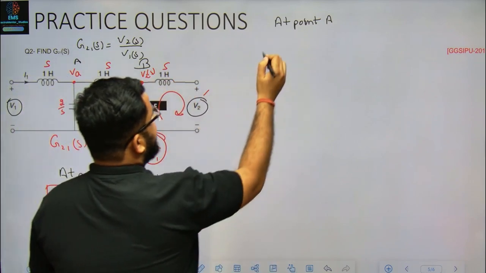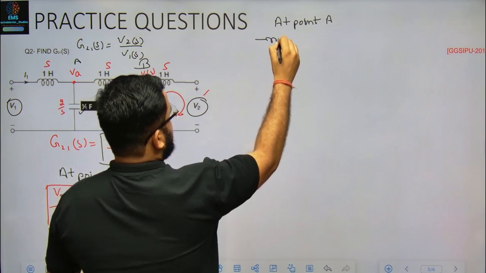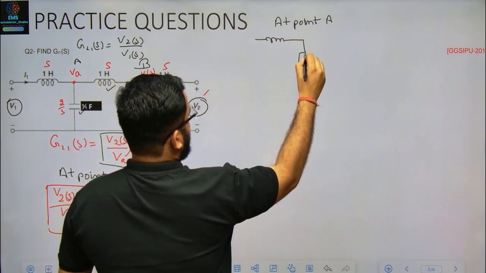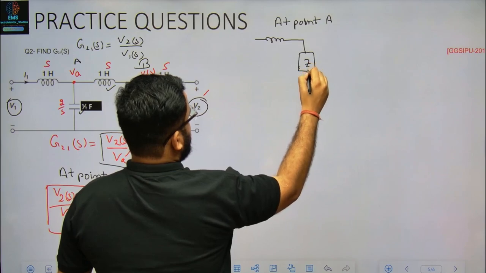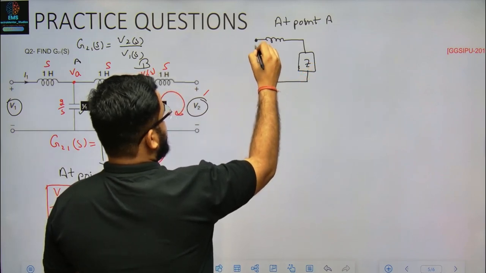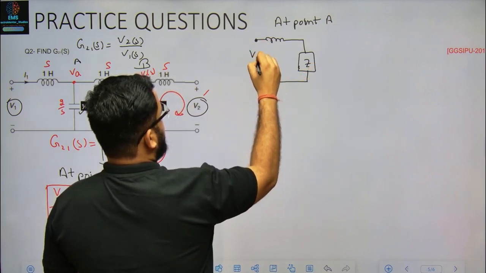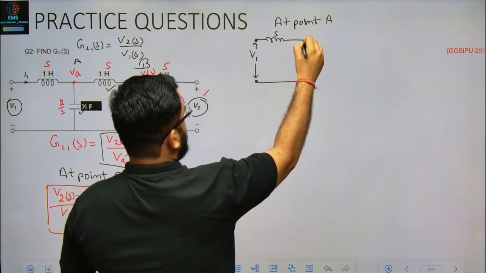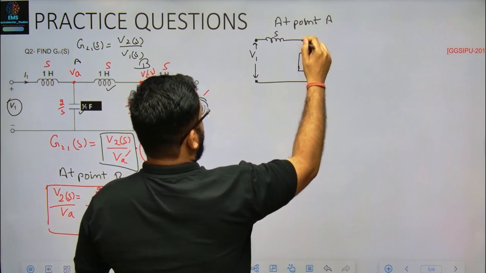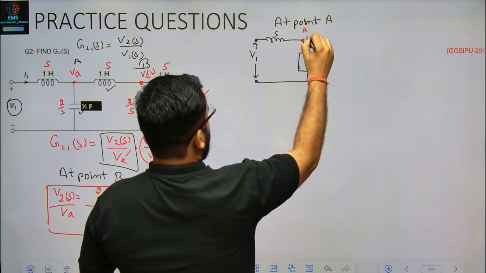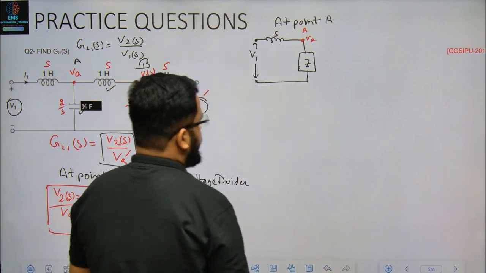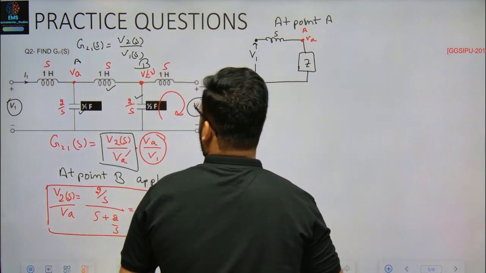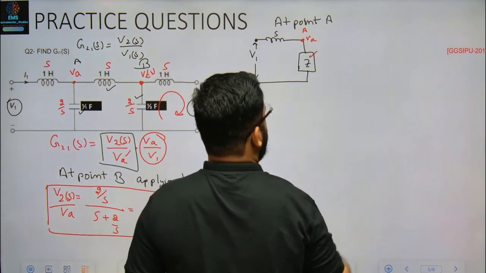So I can just redraw this network and I'll put this thing as Z. So this becomes my V1. This one was my first inductor. This is point A where I'm calculating a voltage VA. So for calculating VA, I need this Z first.